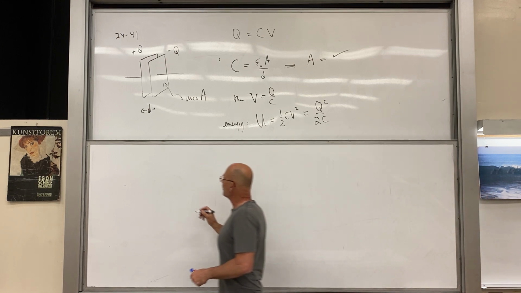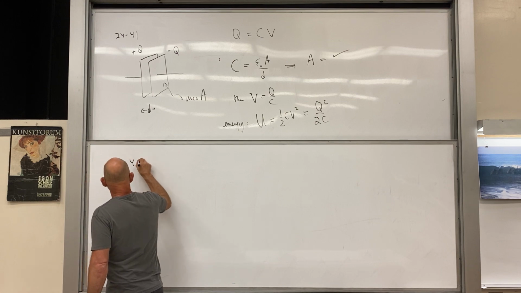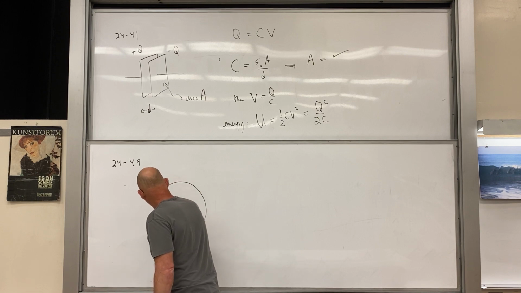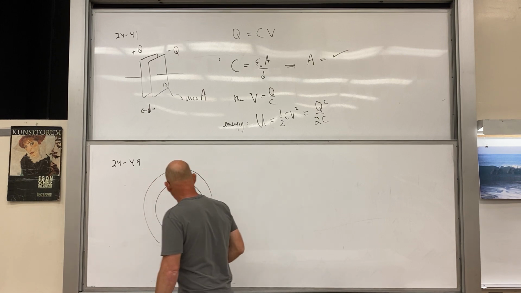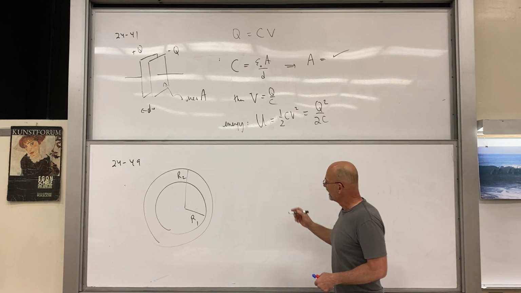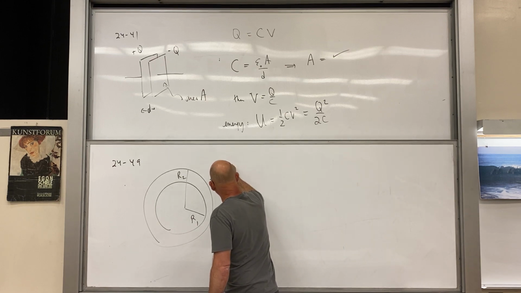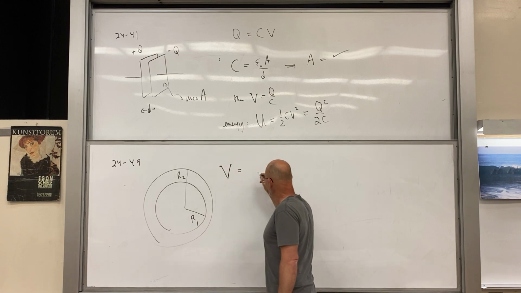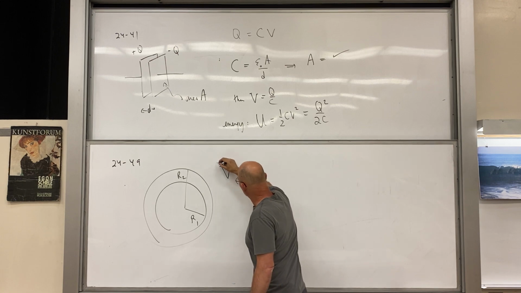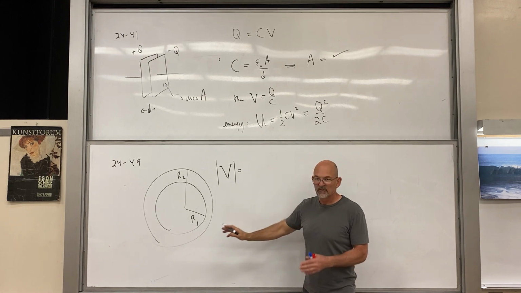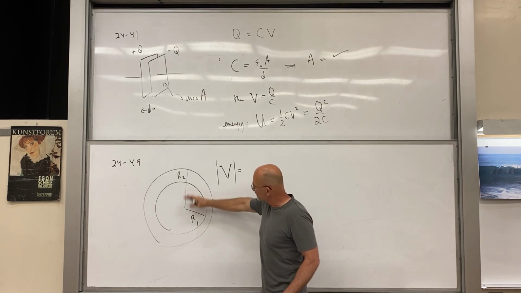So 2449, we have these concentric shells here, and R1 and R2. Okay. And we're just going to take the potential as being, and I'm just going to do the magnitude here. Depends on which side the charge is on.